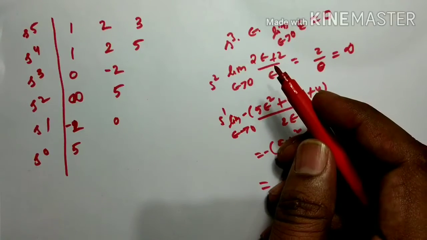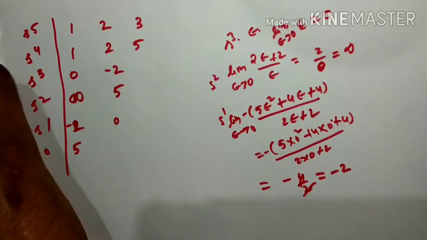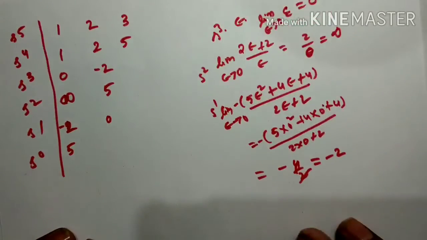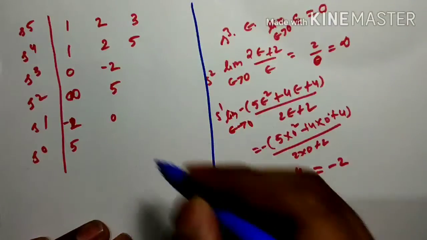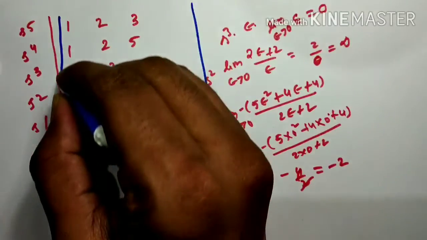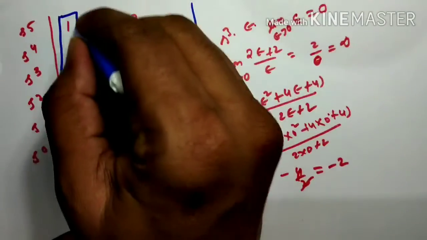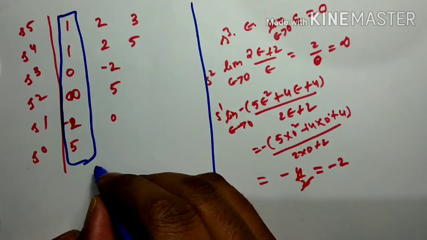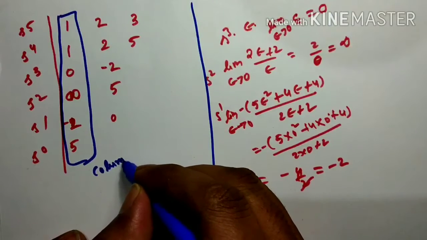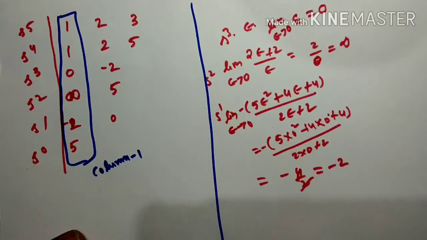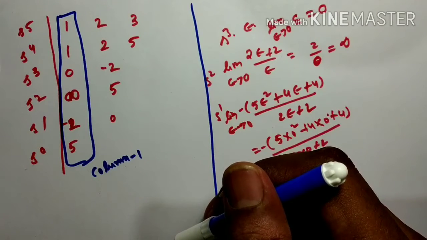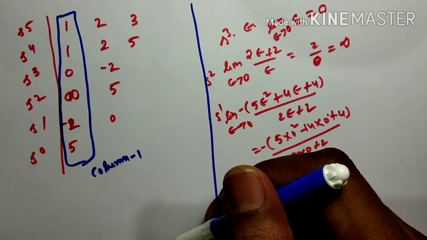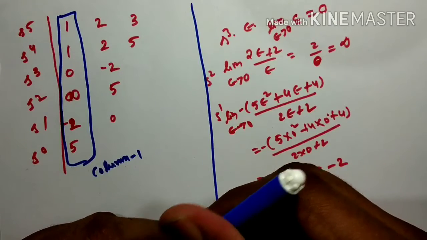Now this is the first column. We examine the first column, and we have to find how many sign changes there are.